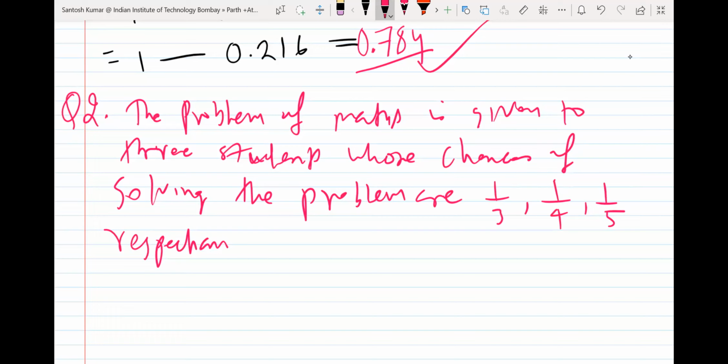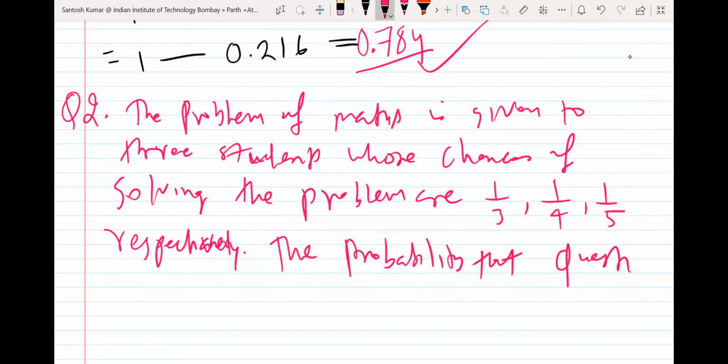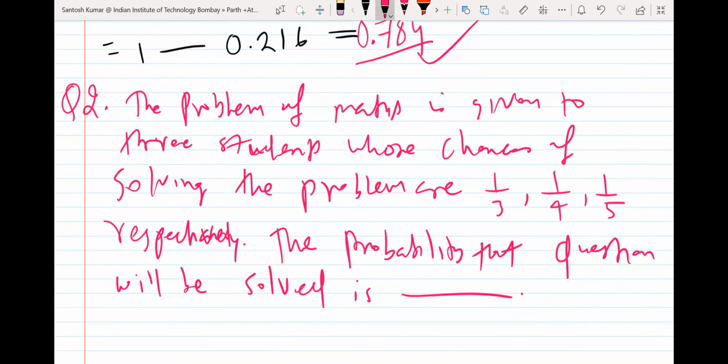The probability that the question will be solved is what? Tell me. So what is the chance that the question will be solved?